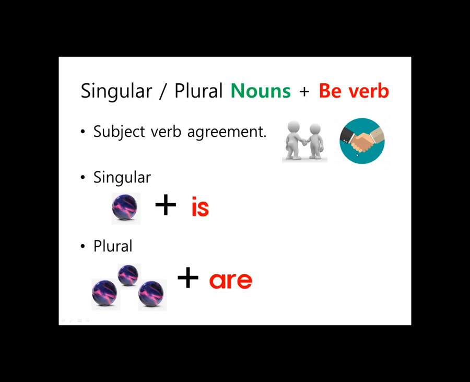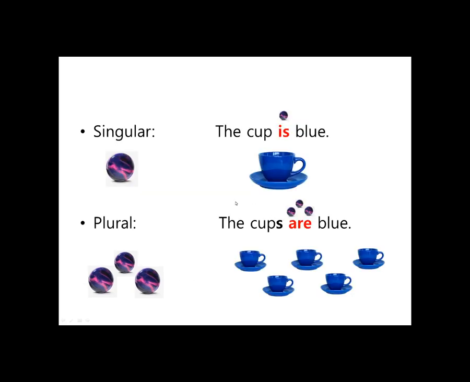This is really important in English. Okay, so singular, if we have one of something, we use the be verb is. If we have more than one thing, we call this plural, then we use the be verb are. Okay, that's confusing, so let's look at some examples.